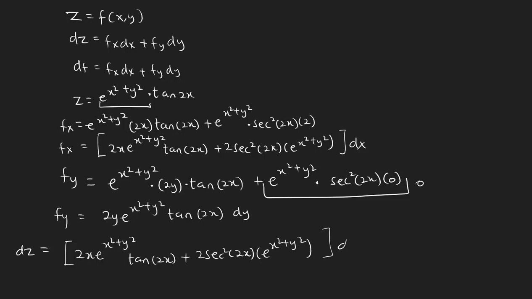Then you bring the dx to show that you differentiated with respect to x. Then we have plus 2y e to the power x squared plus y squared tan of 2x, then let's bring our dy. So this will be the answer for the differential of the function.